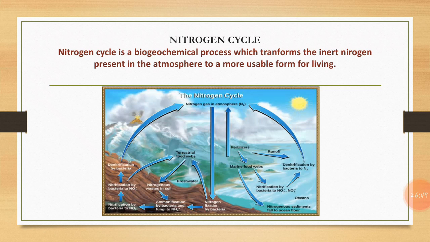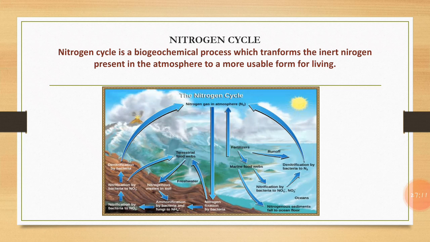These nitrogen compounds get fixed in the soil by these microbes. So biological nitrogen fixation mainly occurs with the help of certain kinds of bacteria that play an important role in converting the unusable nitrogen into the usable form, so that the plants can utilize it very easily.